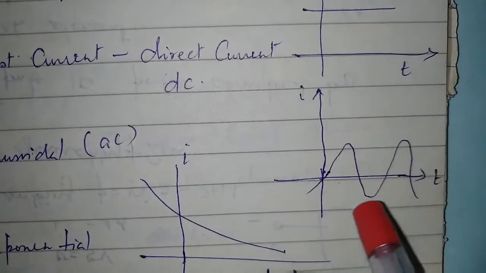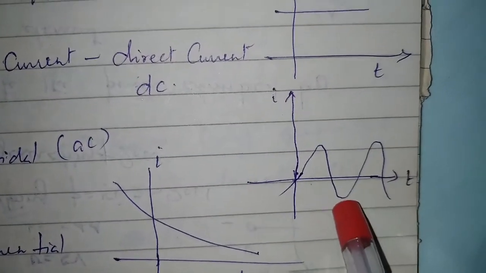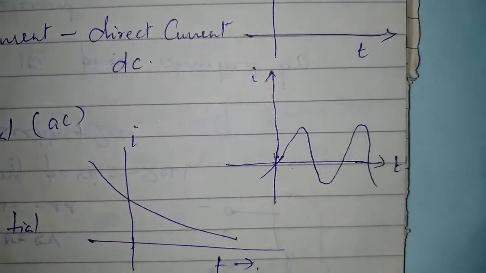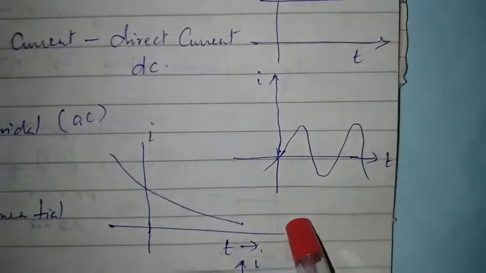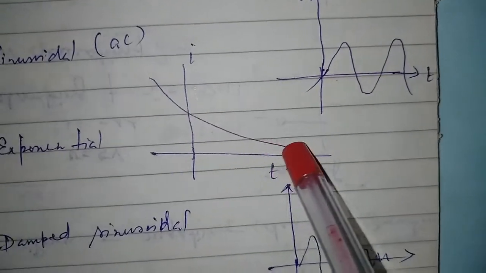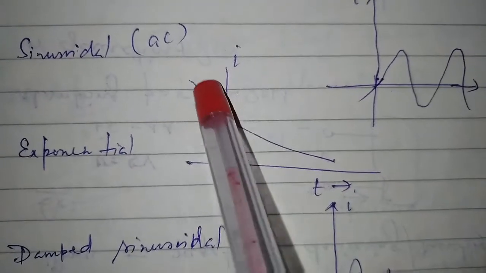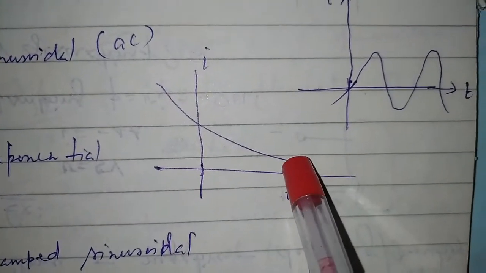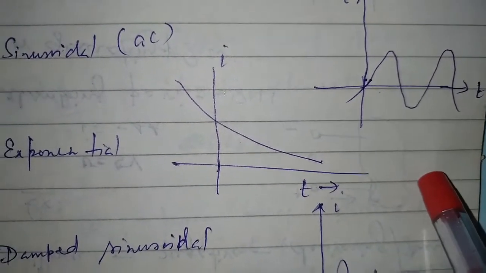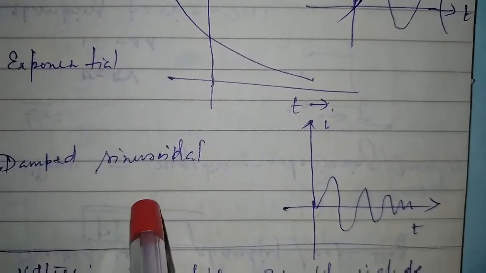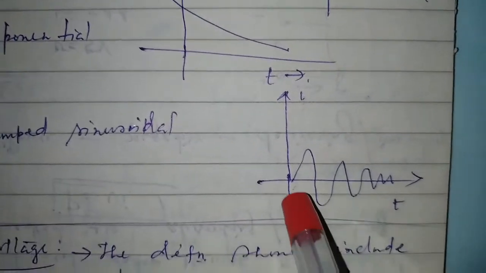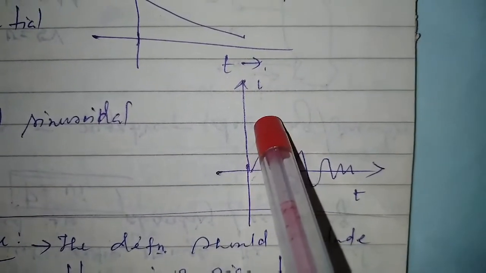This is what time versus i will look like. Now, exponential, i versus t, exponentially varying. Mind you, this is an asymptotic variation and the current will approach the zero value at infinite time. Damped sinusoidal is a special case. It is sinusoidal, and at the same time it is getting damped.